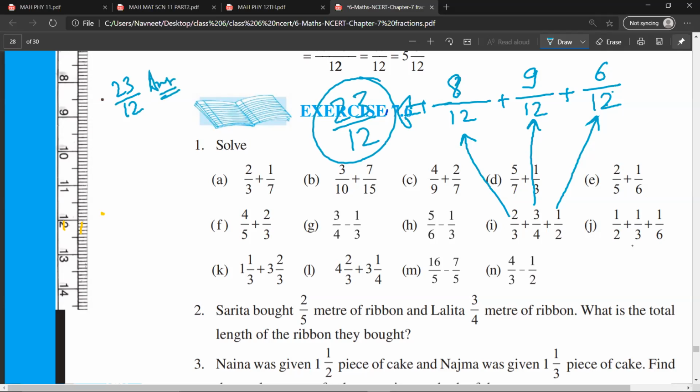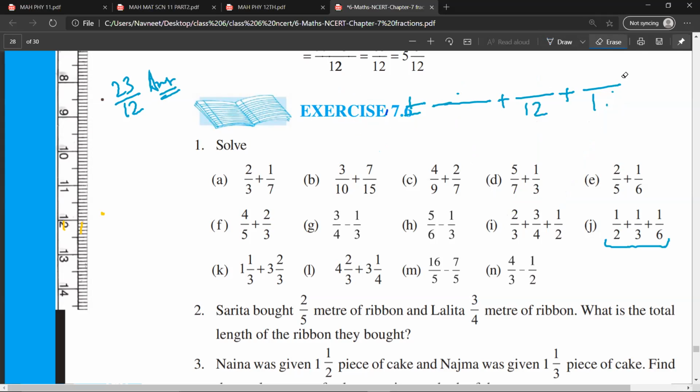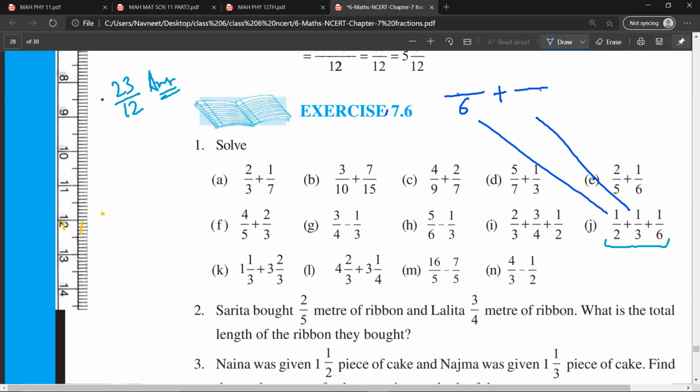Perfect. What would be the LCM of the denominators? 6. So the LCM is 6. 1 by 2 is something upon 6 plus 1 by 3 is something upon 6. 1 by 6 anyways is 1 by 6.